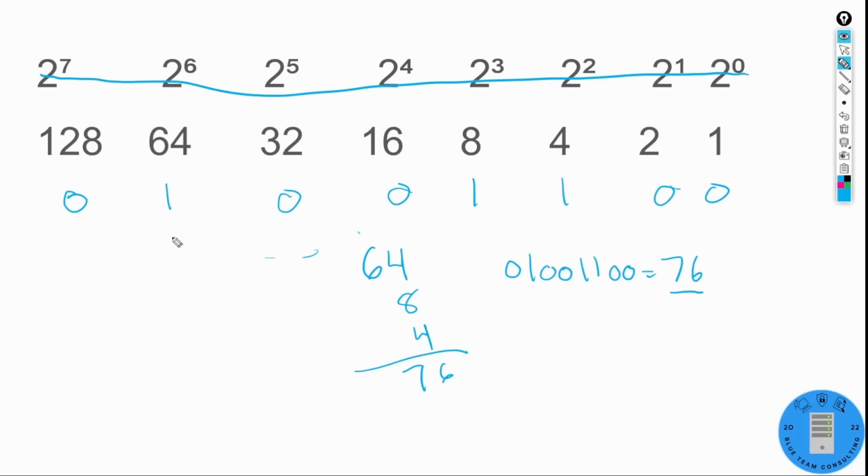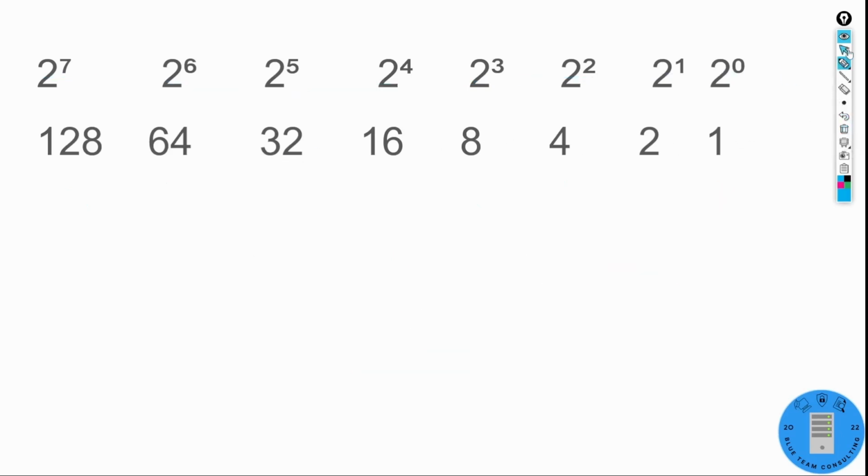An easy way to do this is to notice the values just double. 1 doubled is 2, 2 doubled is 4, 4 to 8, or you can go the other way and remember that it starts with 128, then half of 128 is 64, half of 64 is 32. Whatever preference you'd like, just remember it starts at 1 and ends at 128.